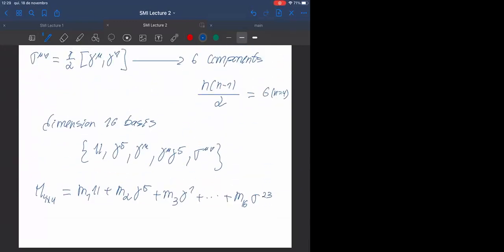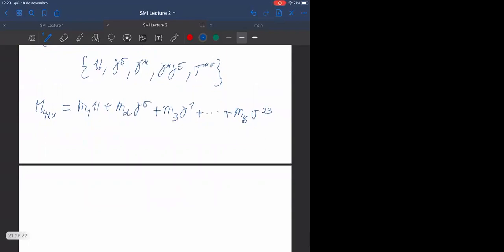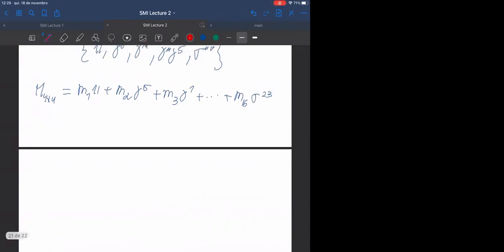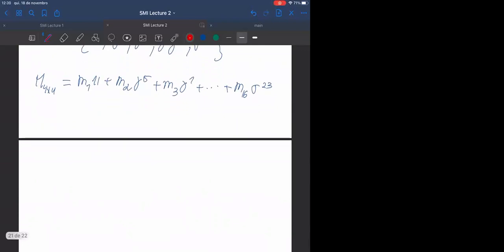And just to make things concrete, and as Mark was saying, let's write these gamma matrices in terms of the Pauli matrices and so on. And this is going to be important. There are different representations that we can use. So we can use the Dirac, the Pauli-Dirac representation.